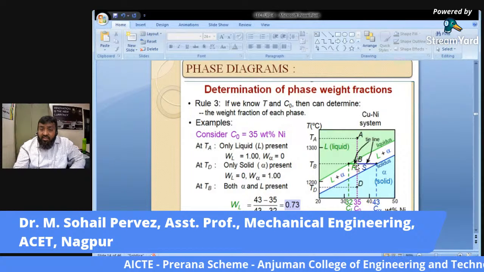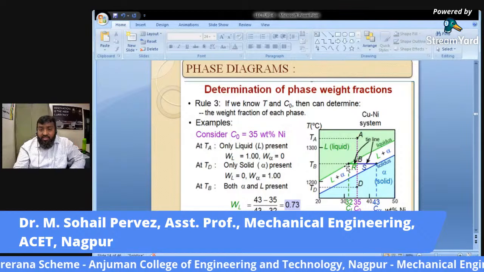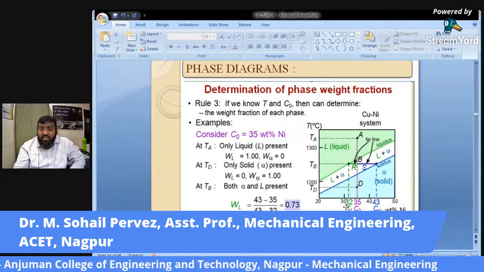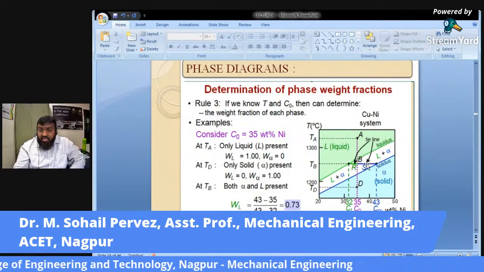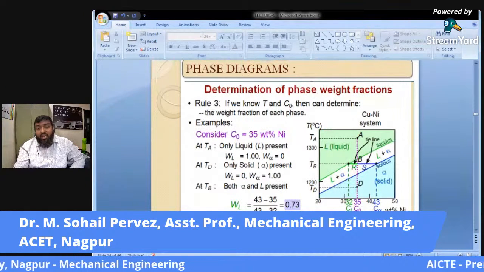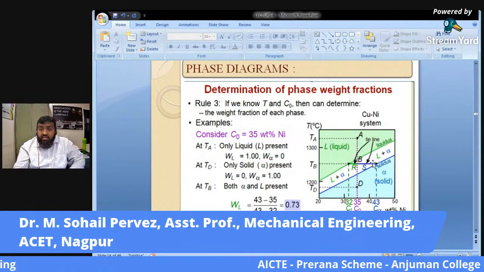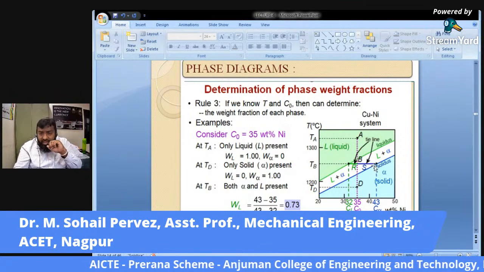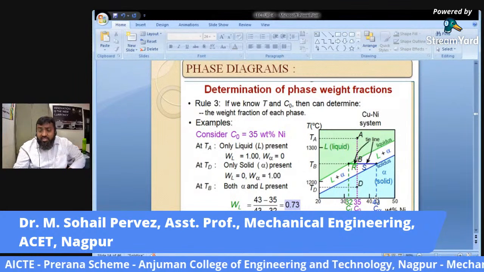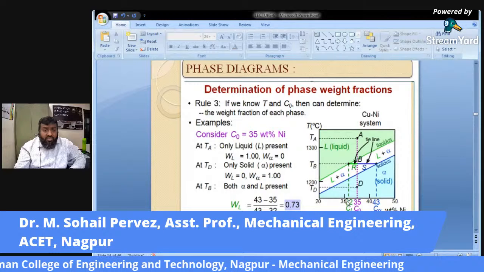Where this tie line cuts the liquidus line will give us CL, and where this tie line cuts the solidus line gives us C alpha. Now from the diagram itself, C alpha is approximately 43, as given, and here it is calculated as 32.